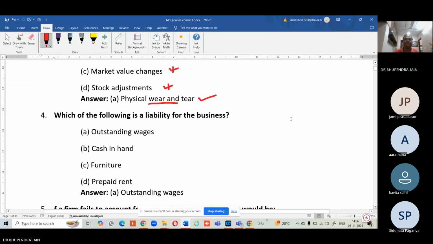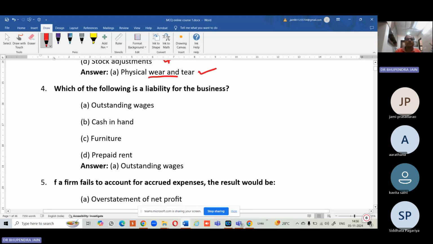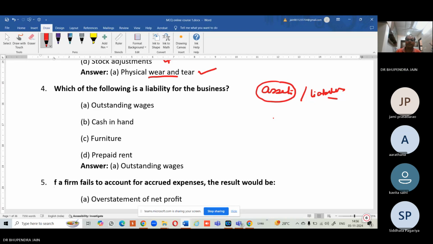Next. Which of the following is a liability for the business? We have already discussed in the class the terminology of assets and liabilities. If you have anything, this is your asset. Or if you are liable to pay others, this is called a liability. Outstanding and prepaid we have already discussed.